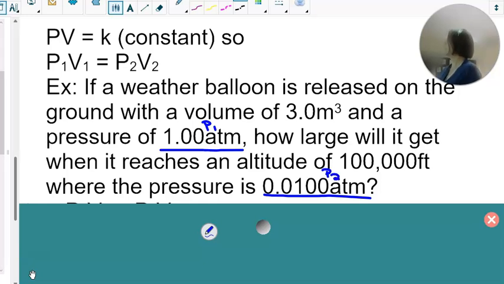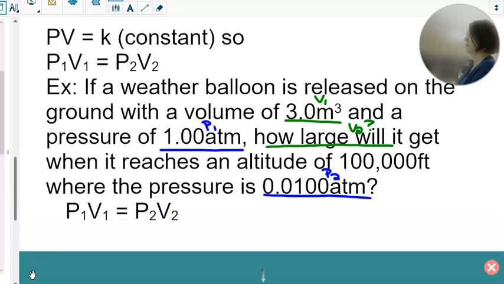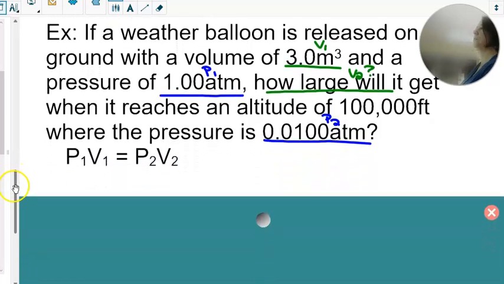So that's our second pressure. And let's look at our volume. All right, so that is the volume on the ground. So that's going to be our initial volume. And then how large will it get? V2 is our question mark.